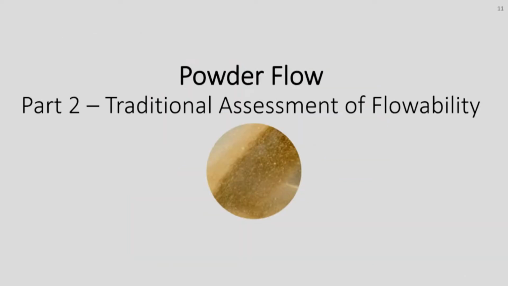So what are some of the traditional assessments of flowability? What is one common method that we use to get the flowability of material? We talked about that a lot. How do we measure flow? Like a simple way.